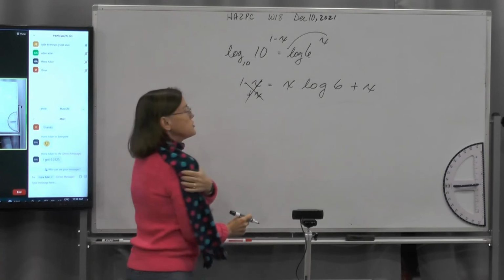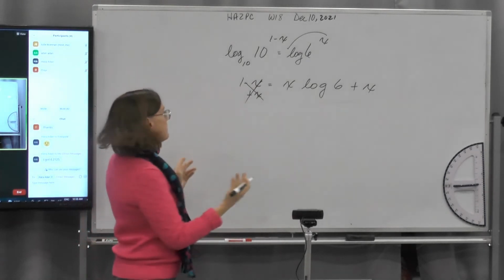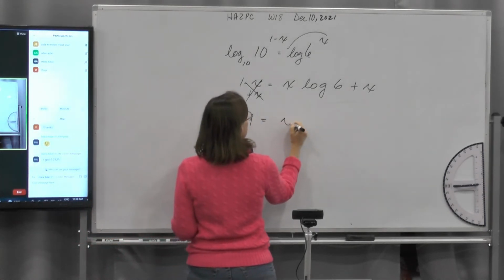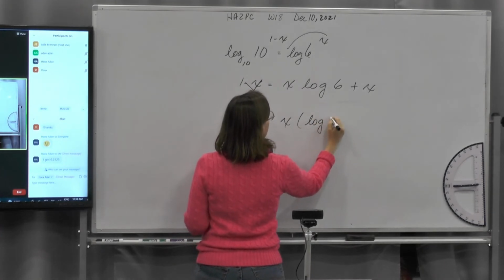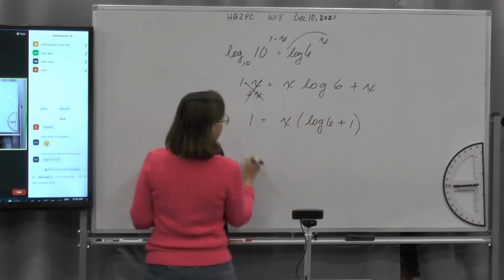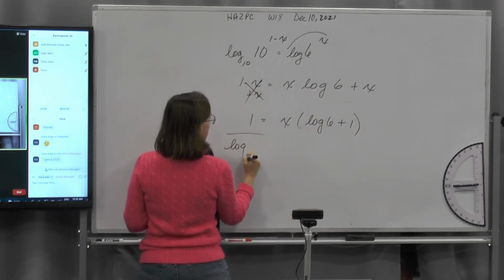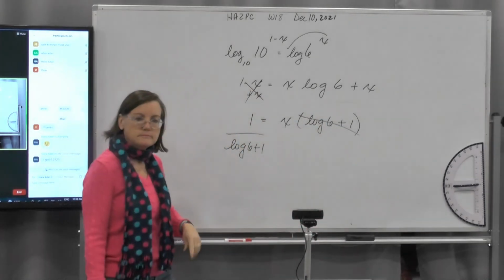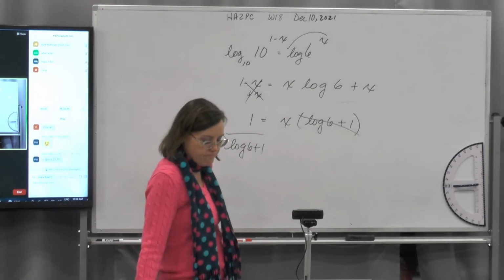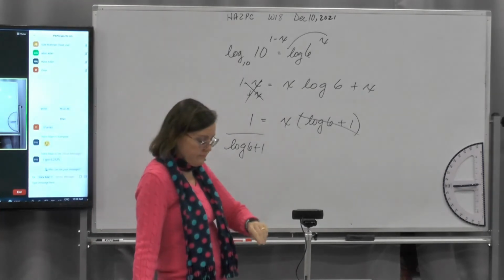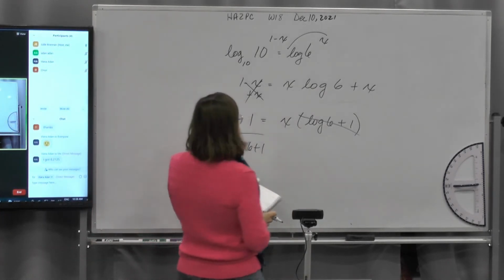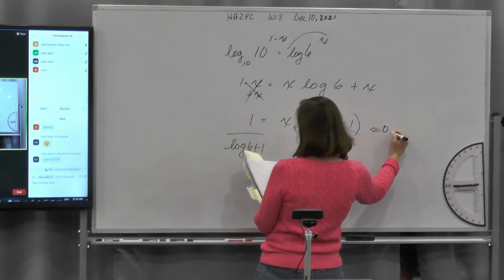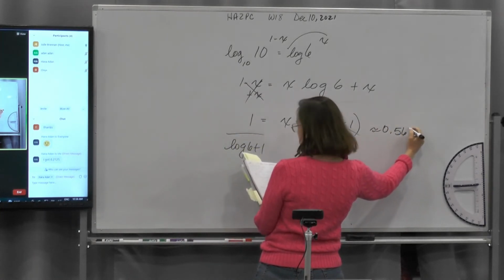What am I doing? Making sure all my x's are on one side so I can factor them out. And then divide. Same thing we just did a minute ago. x is that over that. If you plug that into your calculator, you would get about 0.5624.